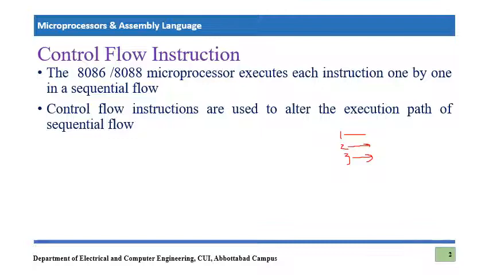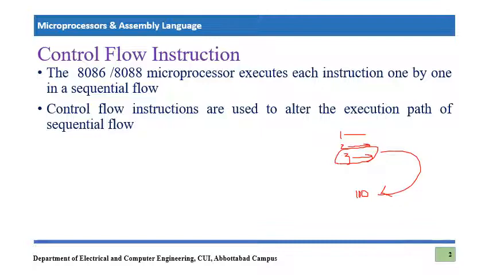And similarly, when that particular instruction was being executed, we come to know that, since probably that third instruction was a control flow instruction, it can directly lead towards, say, instruction number 100. So that is the magic of control flow instruction. It can break the sequential flow of the execution path.